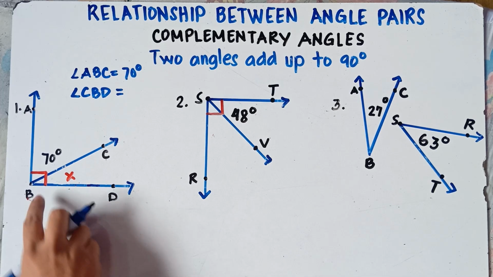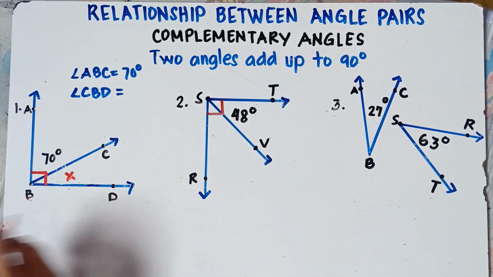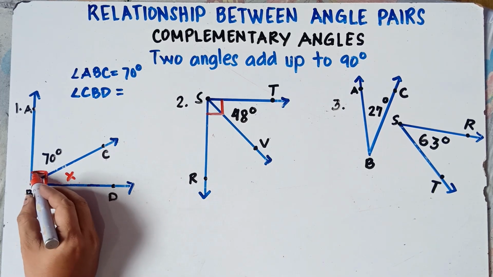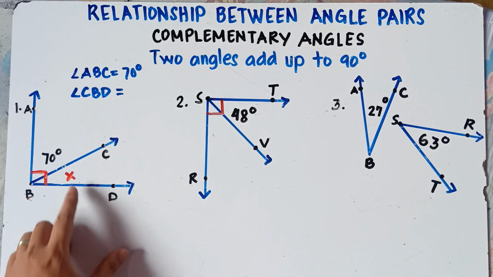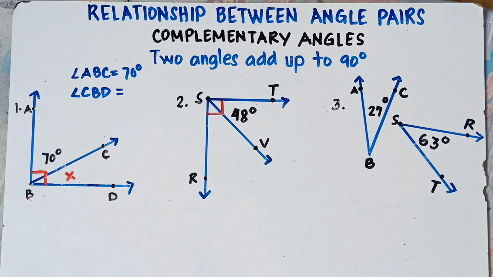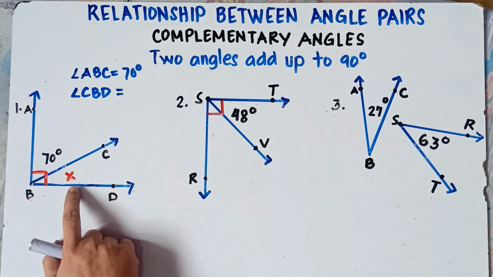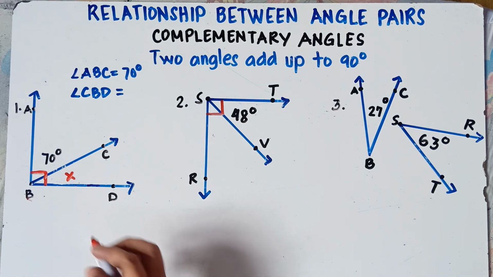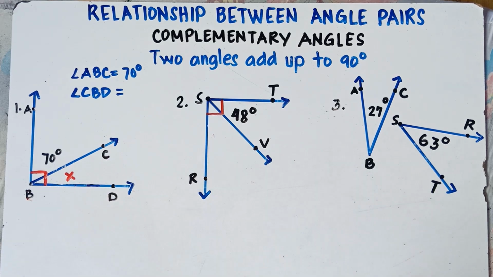Once again, we have a right angle for B. Therefore, the total angle should be 90 degrees. Now, what would be the number here so that if we add this up, it would be 90 degrees? You can do the mental calculation, right? Of course, this will be 20 degrees because 20 plus 70 is 90 degrees. Therefore, angle CBD is 20 degrees.